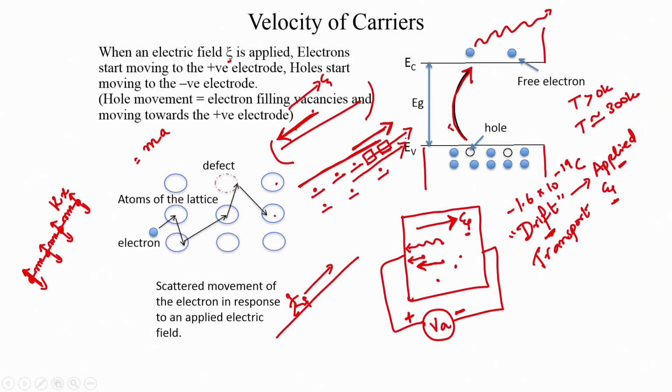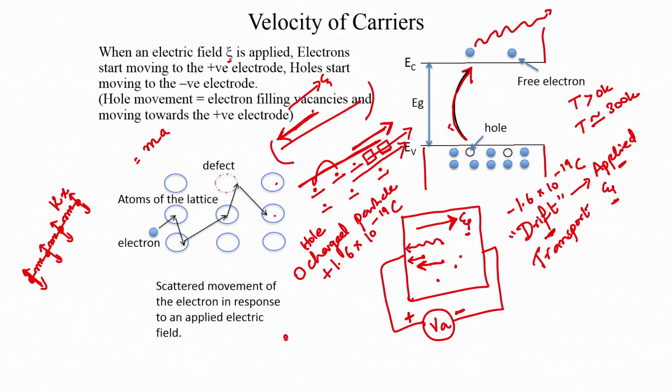Therefore, we can in fact treat the hole as a charged particle that can contribute to charge transport, because it does participate in charge transport, and we can assign to it a positive charge of 1.6 × 10^-19 coulombs.